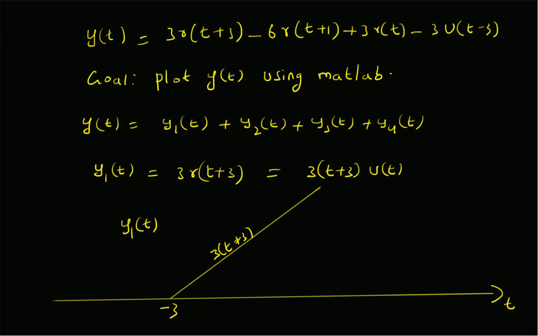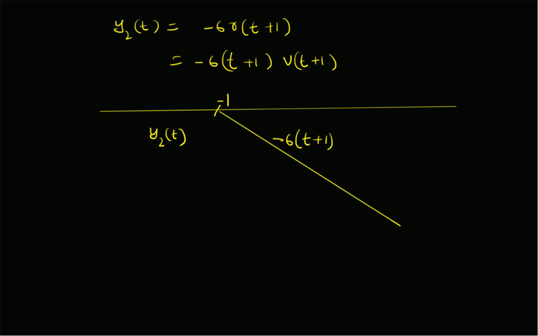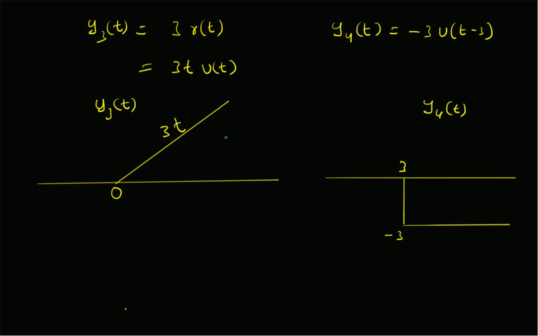Given y of t equal to 3 times r of t plus 3, minus 6 times r of t plus 1, plus 3 times r of t, and minus 3 times u of t minus 3, first we split the signal into 4 components: y1, y2, y3 and y4. y1 of t is 3 times t plus 3 into u of t plus 3, y2 of t is minus 6 into t plus 1 into u of t plus 1, y3 is 3t into u of t, and y4 is minus 3 into u of t minus 3.